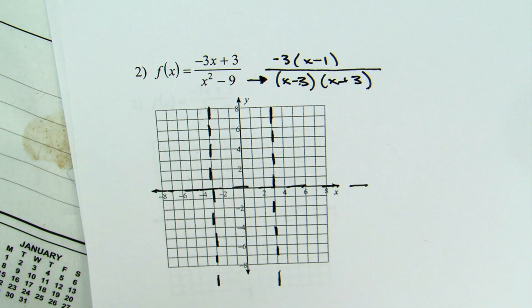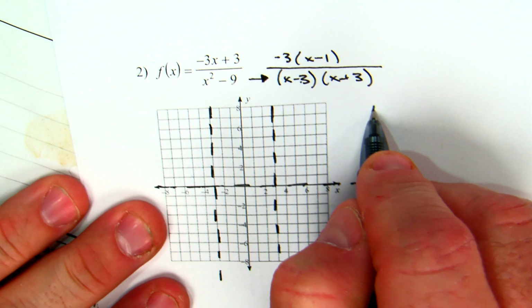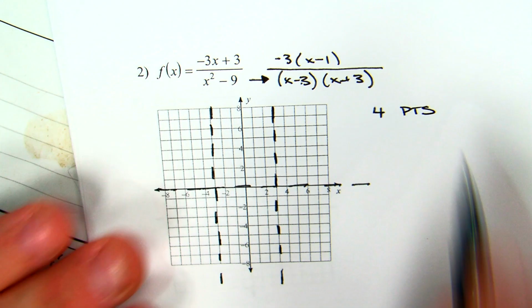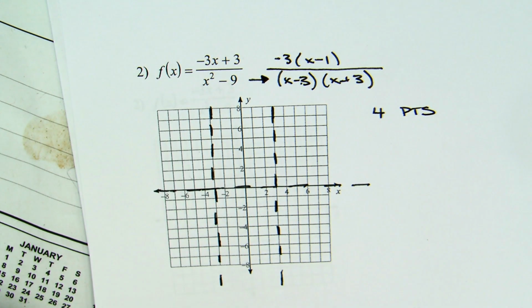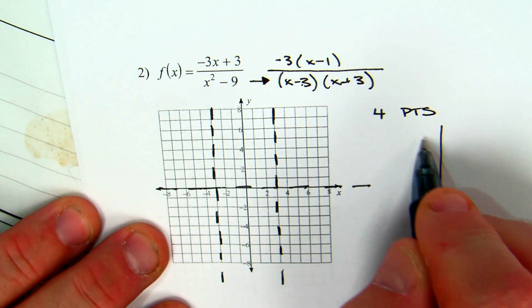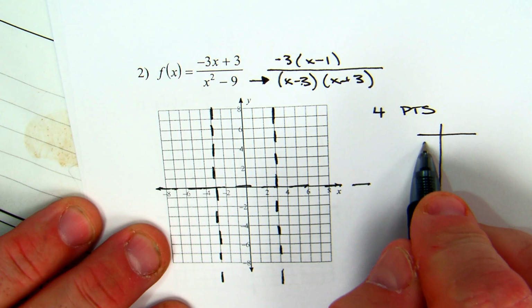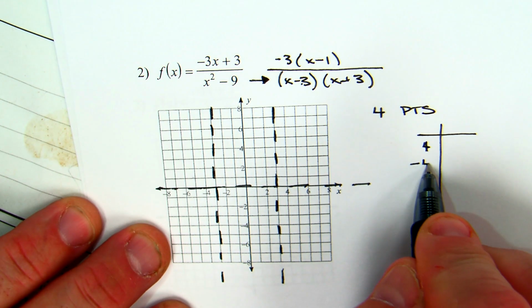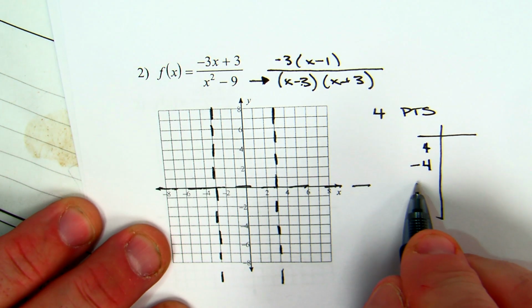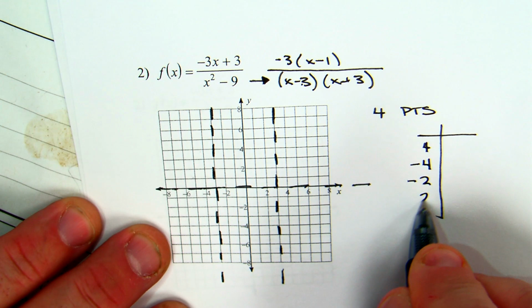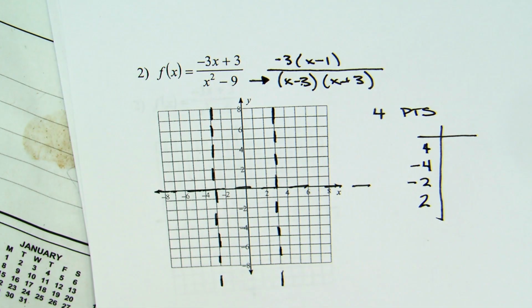So instead of 2 points, how many points do I need? 4. Everybody good with that? Those 4 points could possibly be 4, negative 4, negative 2, and positive 2. Does that make sense?